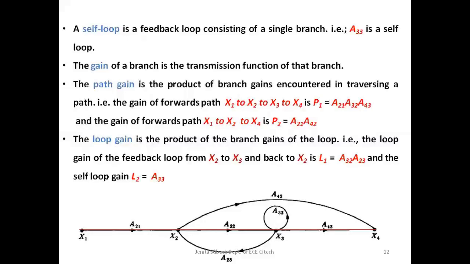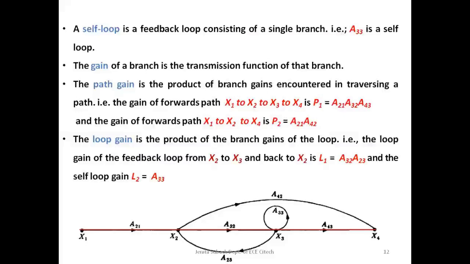So the path gain P1 can be given as the product of all the branch gains. That is, the first branch gain is A21, the second branch gain is A32, and the third branch gain is A43, which is subjected to the path P1, which has been highlighted in the red color line. So P1 is equal to A21 times A32 times A43.